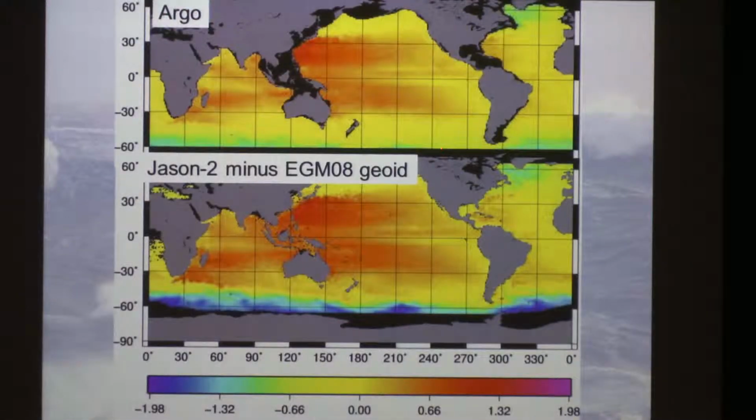So this is from the Argo to 1,000 meters depth. This is from altimetry minus a high-resolution modern geoid from satellite gravity data and surface gravity data. And you can see this large difference here in the Southern Ocean, right? That is indicative of a strong current at depth at 1,000 decibars, or an error in this measurement, one or the other.